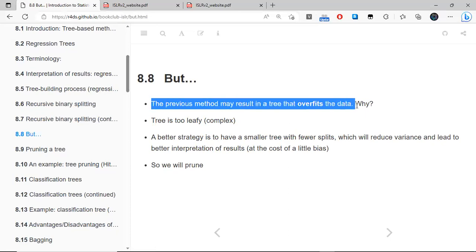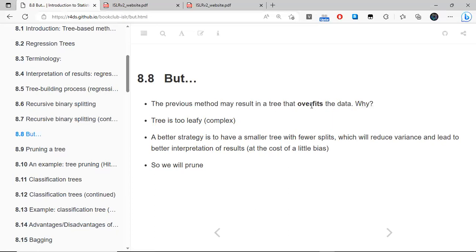Again, with this issue of when to stop, there is a possible problem with overfitting. If you never stop splitting the regions, then it's possible that every observation is inside one region and one region only. So we would have as many regions as we have observations, and that's a complete overfit.